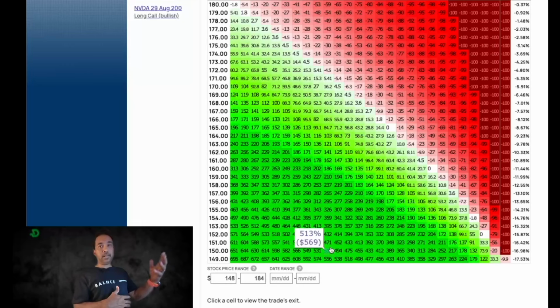But on the upside, the stock can go to any number, it can go to infinity, right? So that's why when you buy a call, your upside is uncapped, but when you buy a put, your upside is capped, right? Because it would definitely not go to zero, but theoretically it can, and that's gonna be your max profit on buying a put.